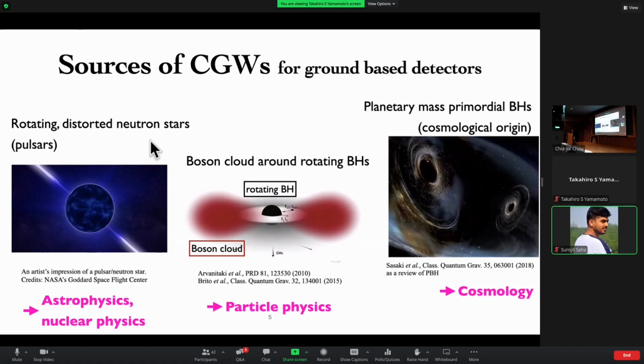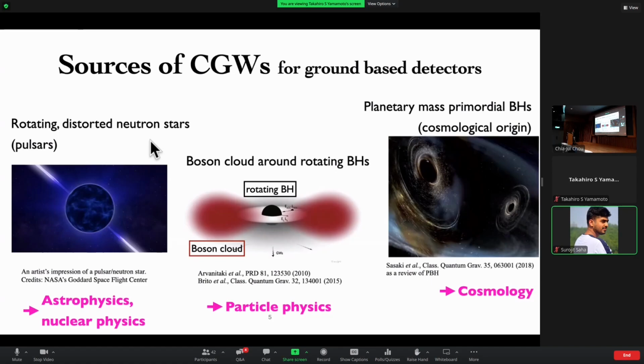I just want to know whether the spin-down of the pulsar has already been included in the frequency change. Yes, all these pipelines include the first derivative of f, and the range depends on the pipeline, but typically it is up to 10 to the minus 9 hertz per second or so.